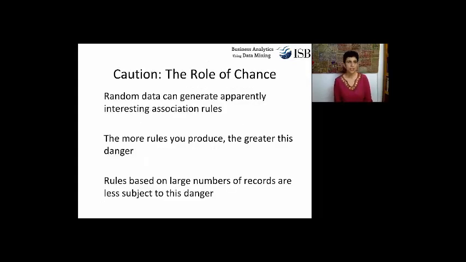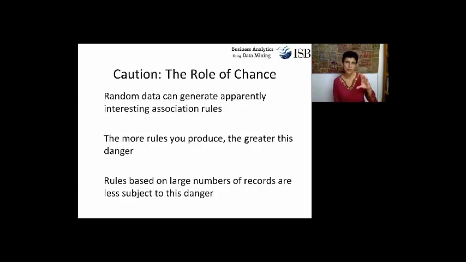Now, there's still going to be a problem of finding random rules that are just there by chance. And the reason is we're working with lots and lots of rules, and we're likely to have some of them that will still pass through our filters but are indicating some randomness. When is this going to happen? Well, the more rules you produce, the more risky it's going to be.